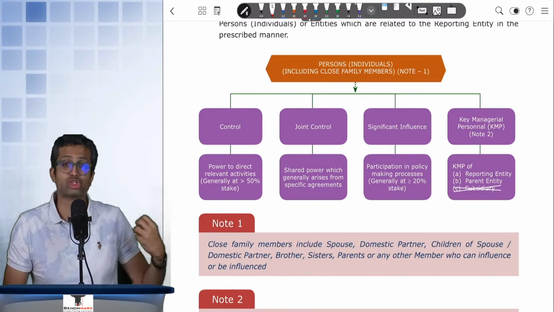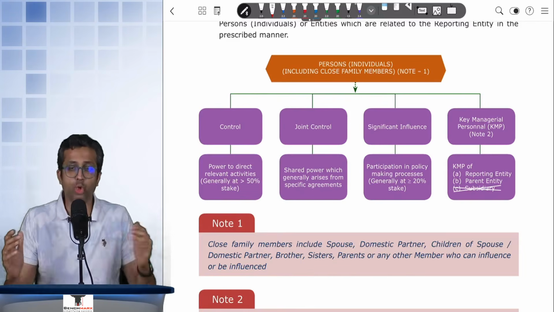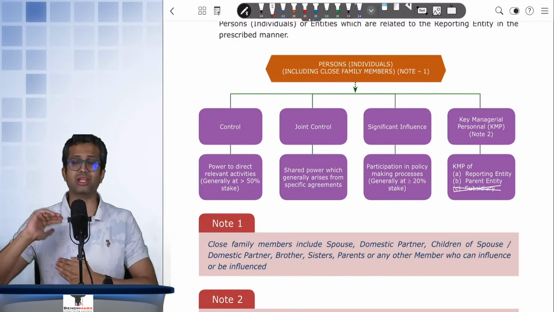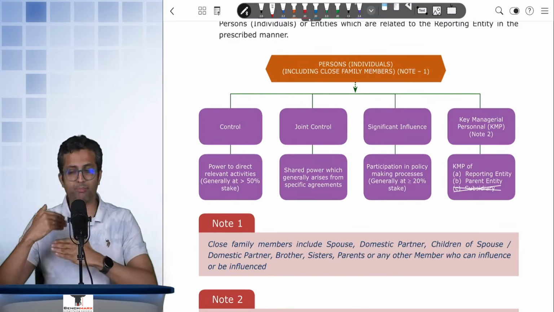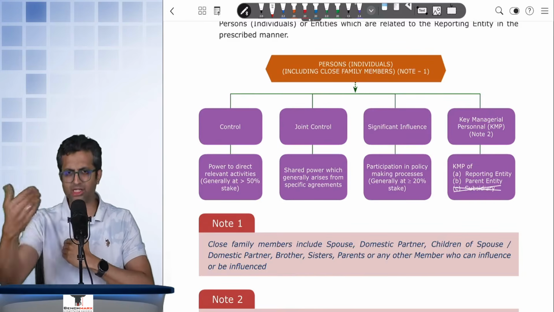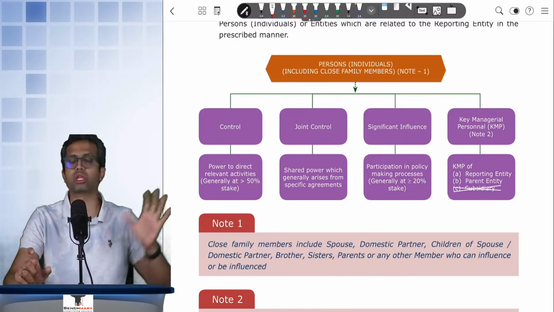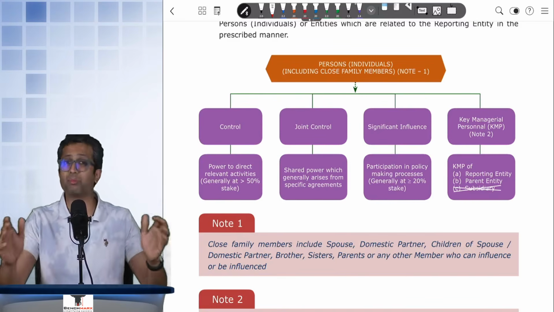Then you will catch hold of your trusted people, like your relatives, your close family members. So the standard has said that when you are identifying a related party relationship, it will be between the reporting entity, like Reliance, and the persons, including their close family members. So the standard treats the person, including their close family members, as one and the same.